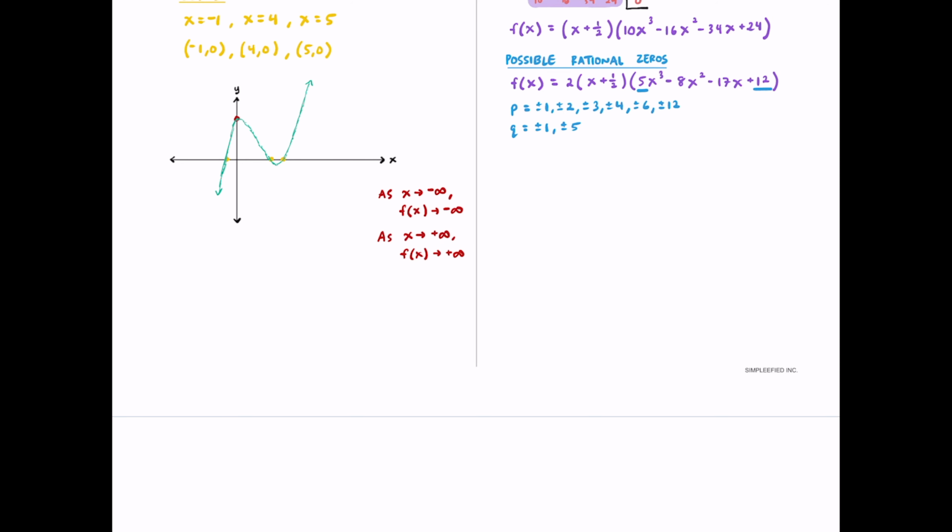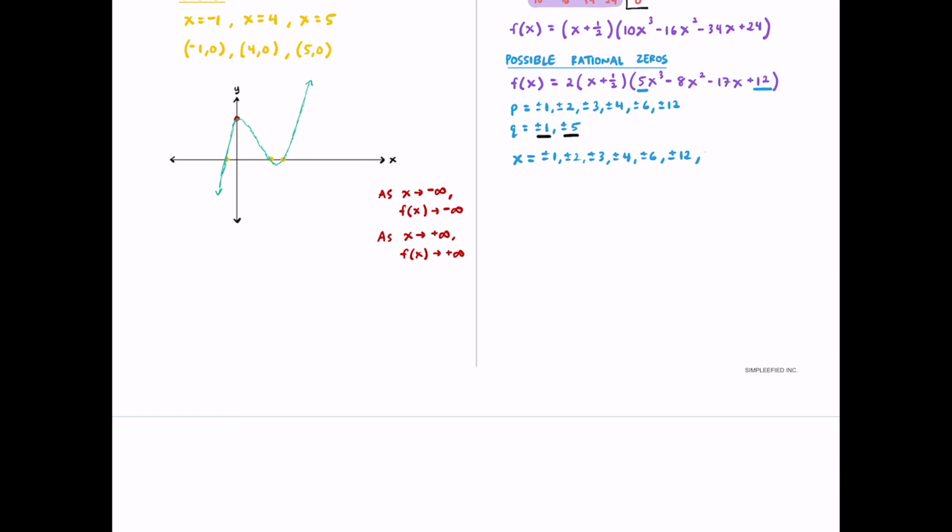Now if we divide all of our P factors by our Q factors, let's start by dividing everything by 1. That's all going to stay the same, so we have plus or minus 1, 2, 3, 4, 6, and 12. And now dividing everything by 5, it looks like those are all going to be new because they're all fractions, right?